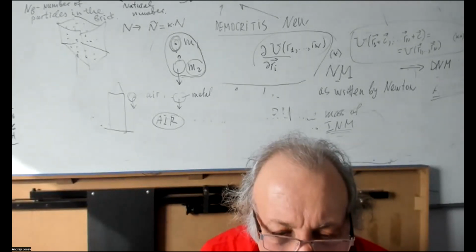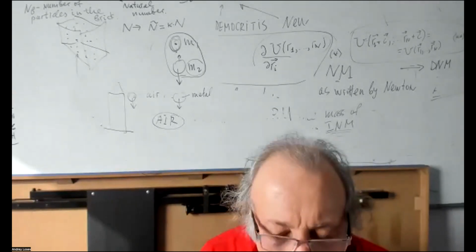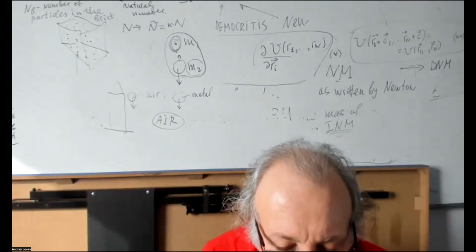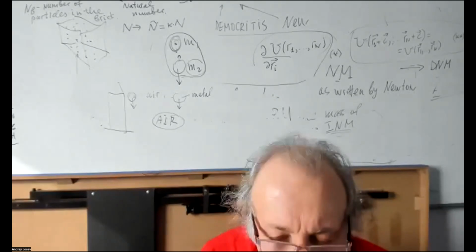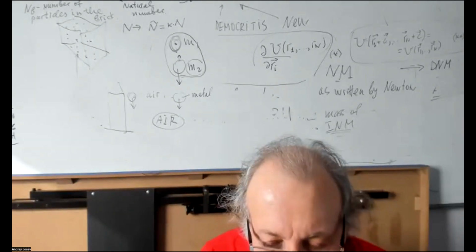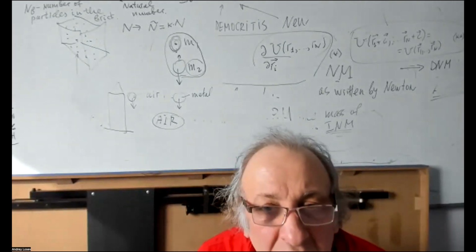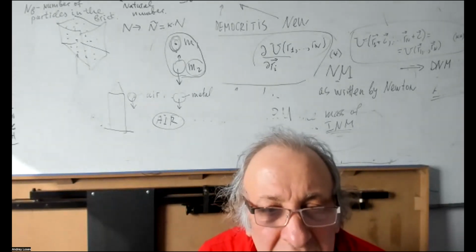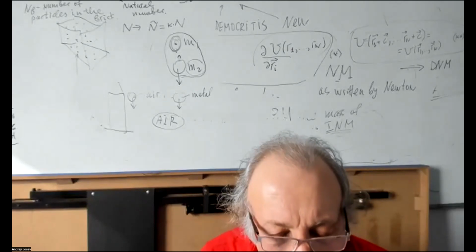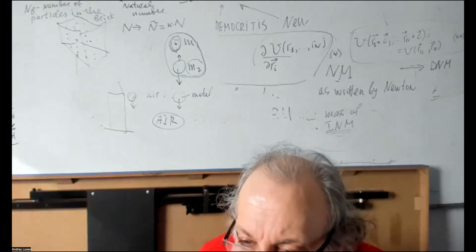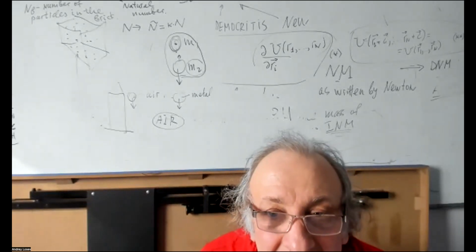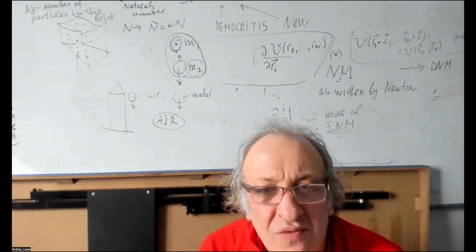Suppose he would consider something like the Earth and the Moon. They are going around the Sun. However, they have some internal motion. How to determine this internal motion? But the most interesting thing is, of course, the rotation of a solid body.